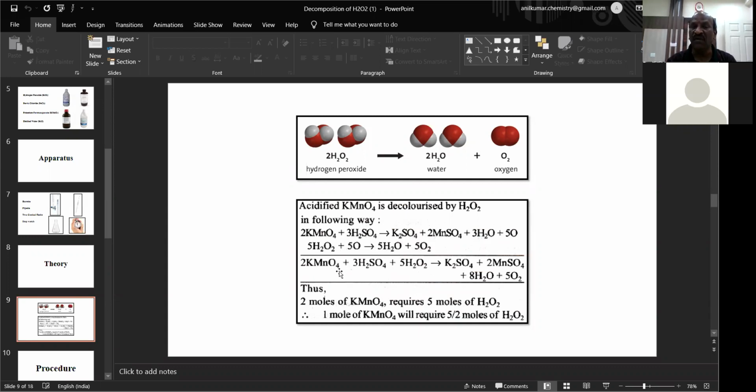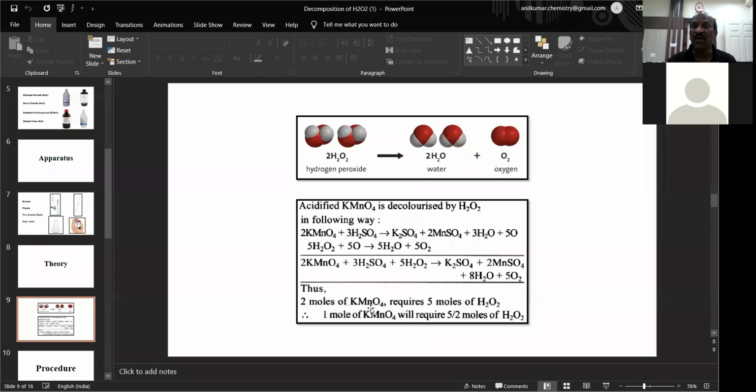The acidified KMnO4 is added with the hydrogen peroxide, and it gives K2SO4, MnSO4 and water, and also liberates oxygen. This is the overall reaction that takes place.